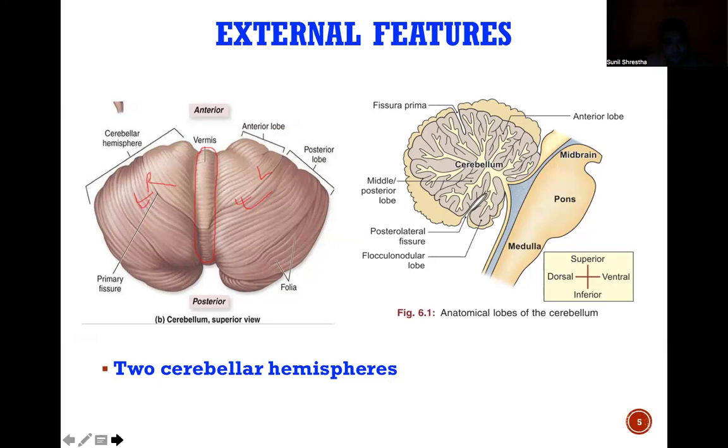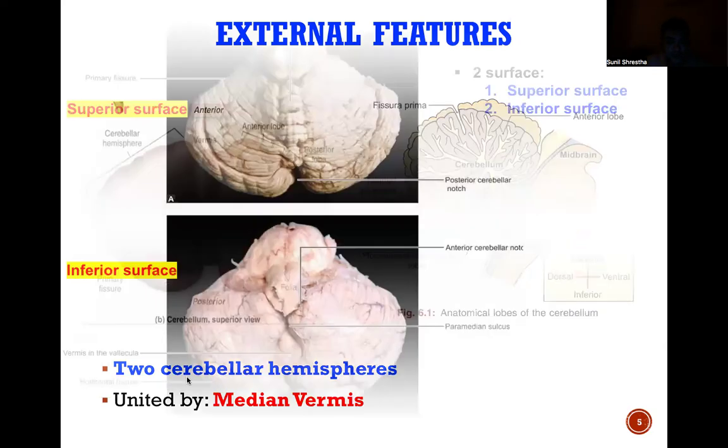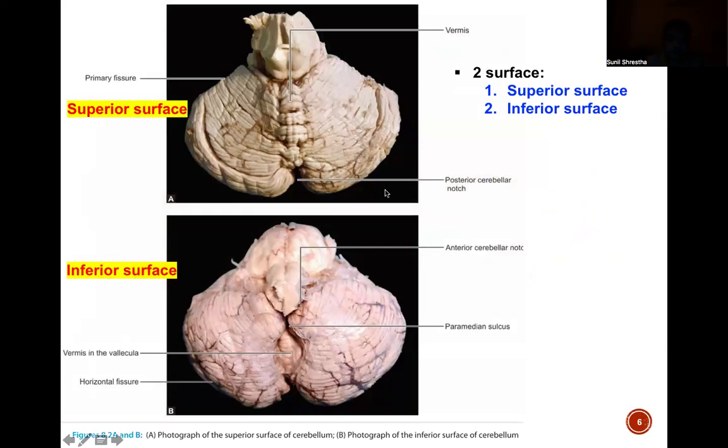If you see the surfaces of the cerebellum, it basically contains two surfaces. If you see this outside part, from above, this part is called the superior surface, and if you see from below, this part is called the inferior surface.